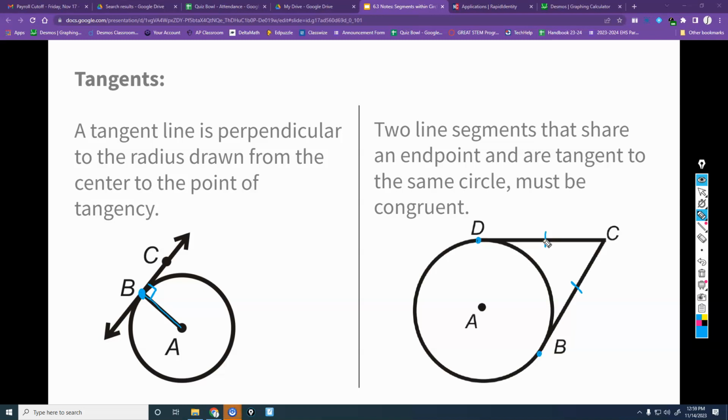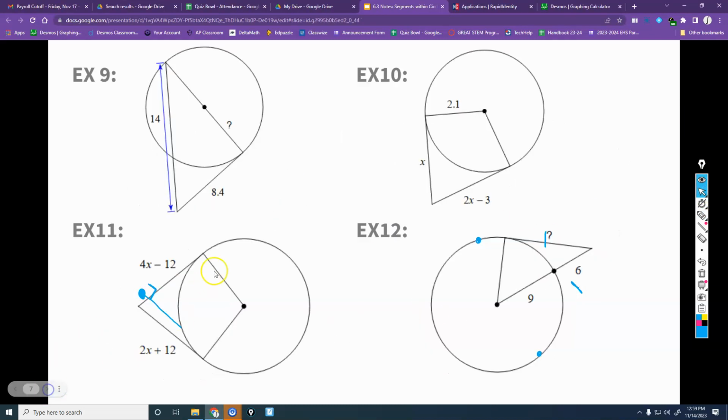That kind of makes sense, like it looks like those two should be equal to each other. So let's look at what types of problems we'll get for these here. All right, so here is our first example.